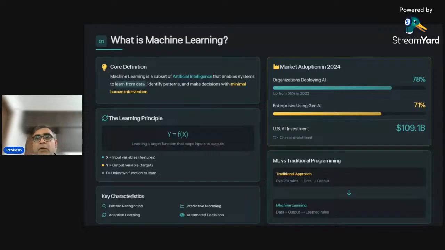Okay. Now let's try to understand. So here, there is a stats slide. If you look at the last couple of years, you can see the growth. Here is an example of how, from 2023 to 2024, the investment of different corporates has gone up.